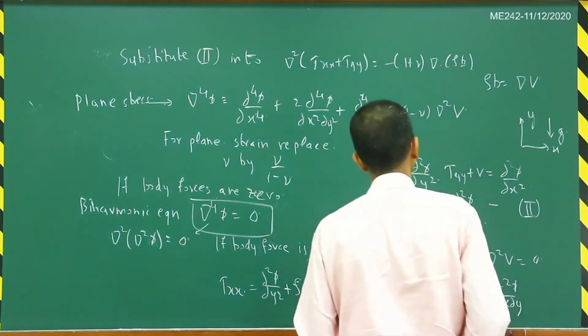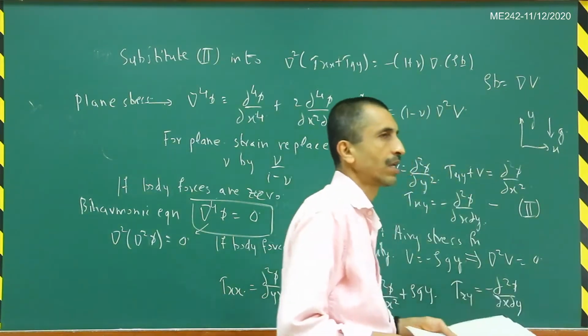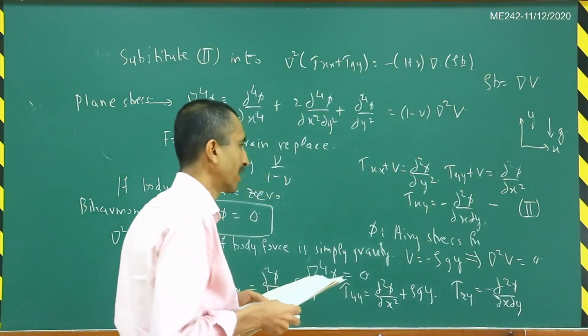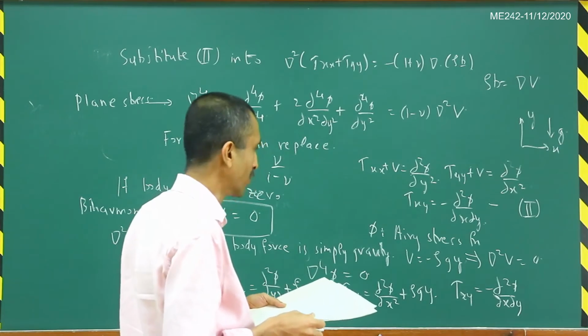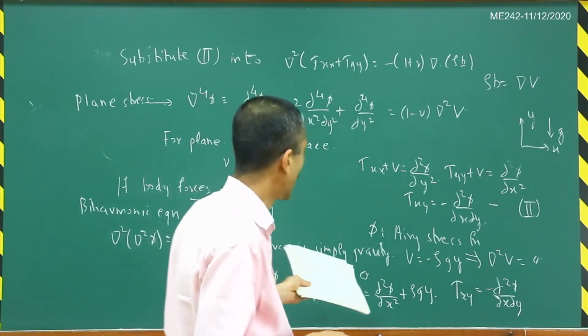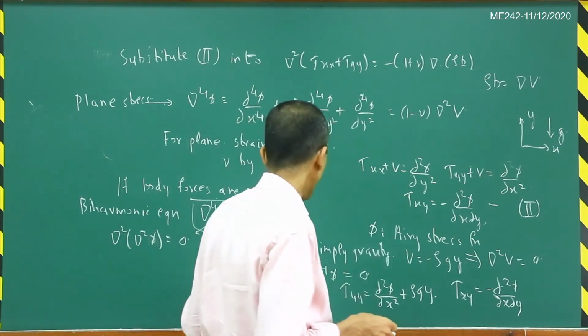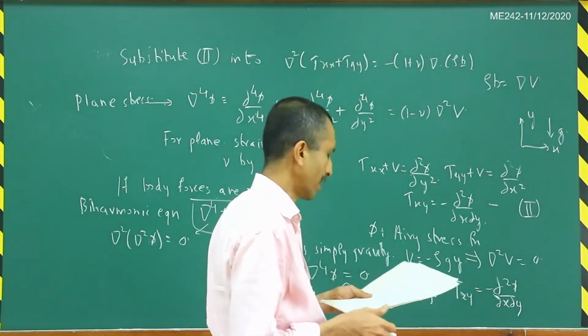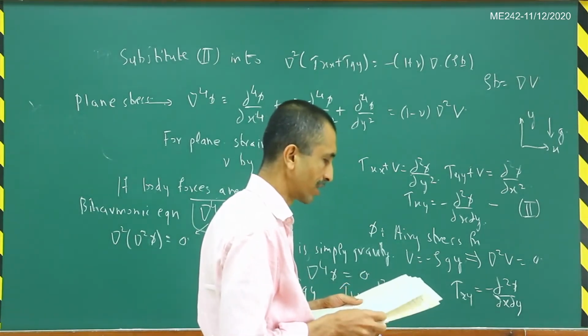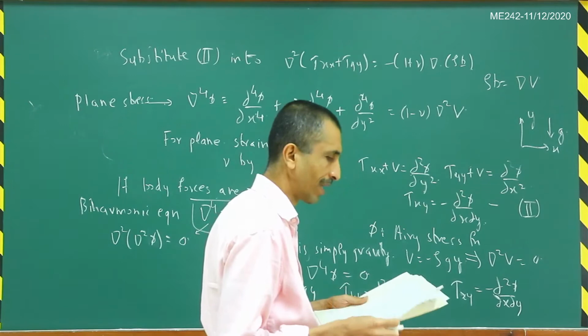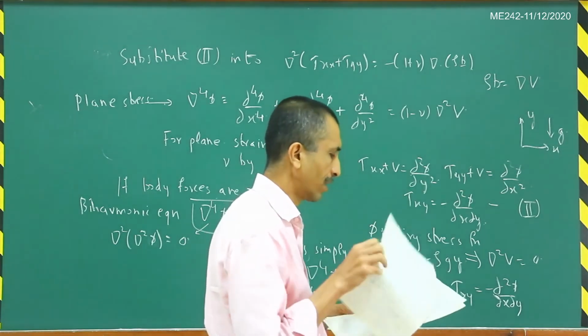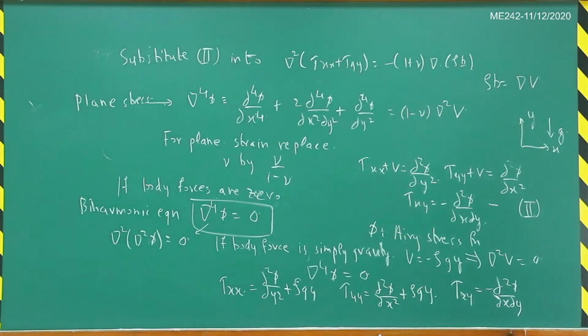So the shear stress component doesn't get affected by the body force, because that V is entering only into the expressions for the normal stresses. The shear stress does not get affected by that. Okay, so let us now move on to the next thing here.